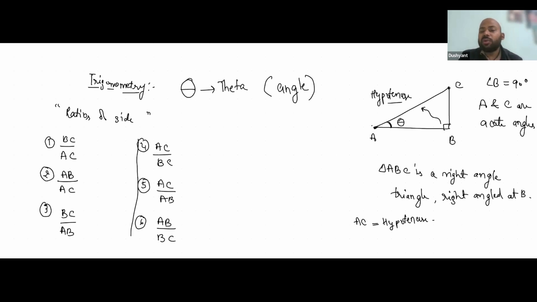It's a kind of, I am looking from, see, this is a tower. Let's suppose this is my tower, right? This is the height of the tower. BC is the height of the tower. And this is the distance from the foot of the tower. And this is my eye. I'm looking from here at the top of this tower. So if I'm looking from A, this is going to be my theta.